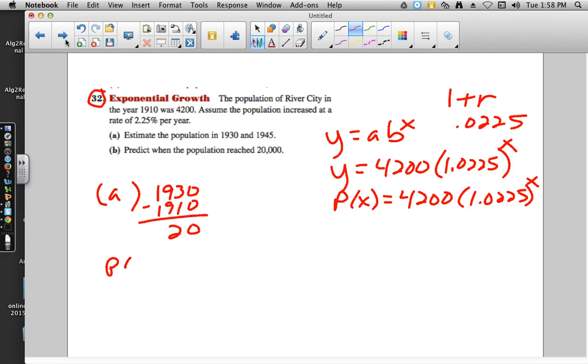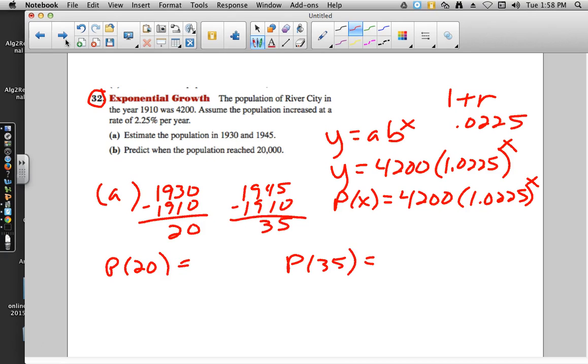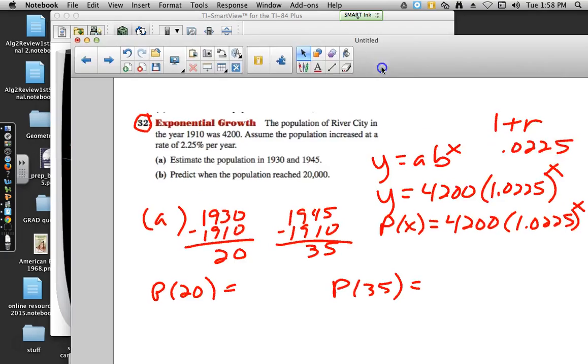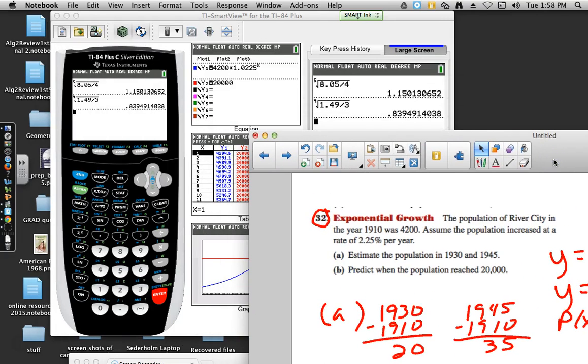So what we're really trying to find is P of 20. And then for 1945, if we take 1945 and we subtract 1910, we're going to get 35. So we would also want P of 35. And with these two, all we're going to do is punch this in on the main screen and round it to the nearest person.